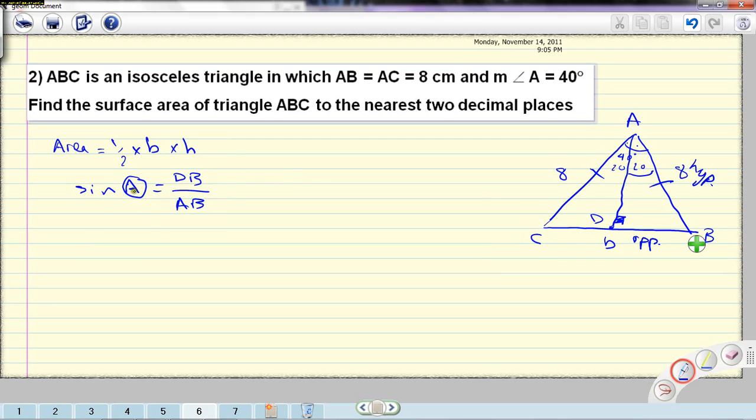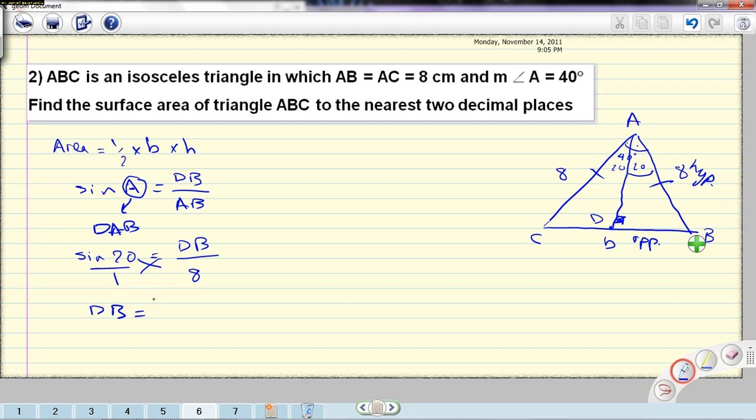Actually, I'm sorry, it's not A, it's angle DAB, which is 20 degrees. So sine 20 equals DB over 8. And we have to get sine 20 and use cross multiplication to get DB.